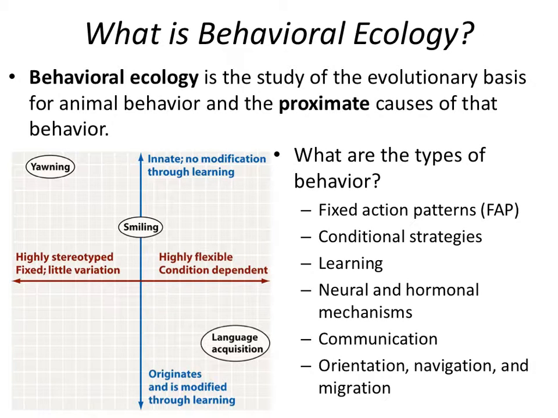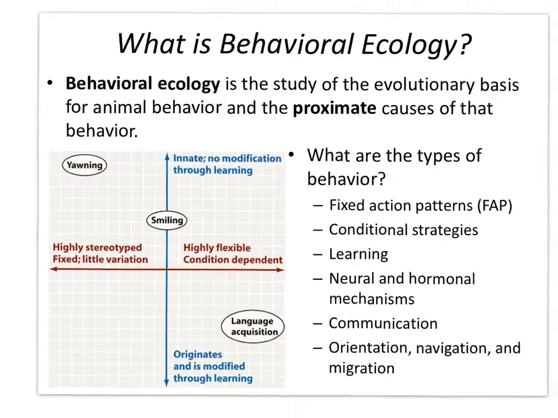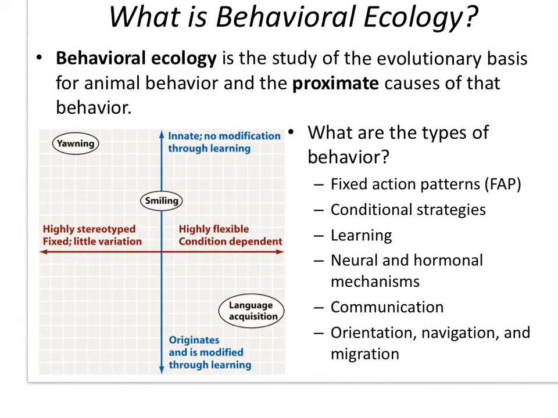Okay, now, if you remember from evolution, you can't say, oh, what is evolution? It's one thing. No, it's a very, very broad subject. It can be evolution in terms of the fossil record.